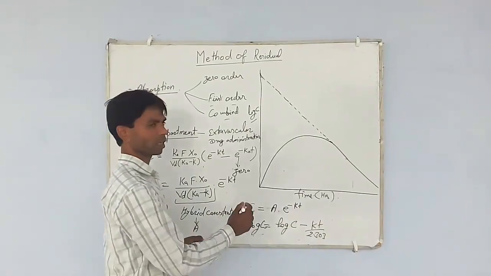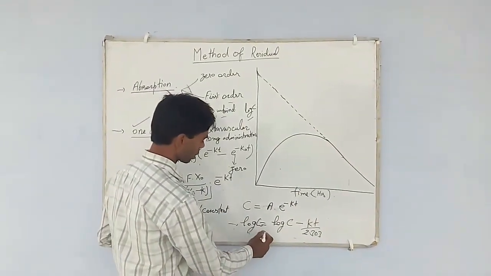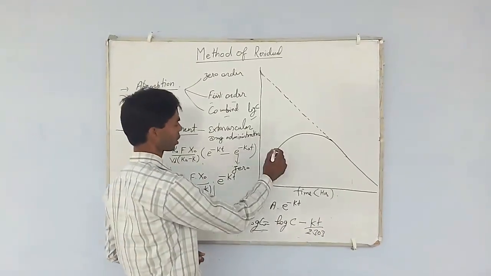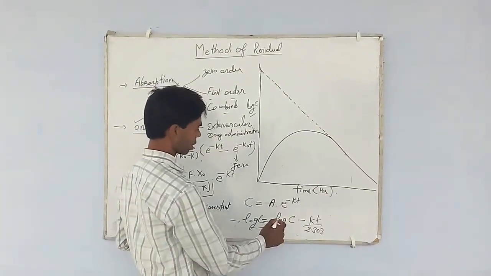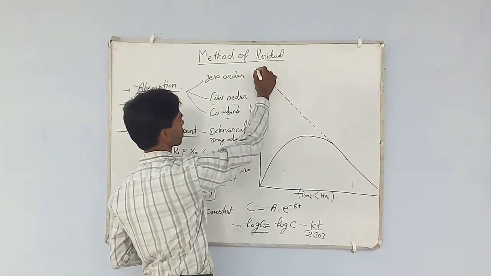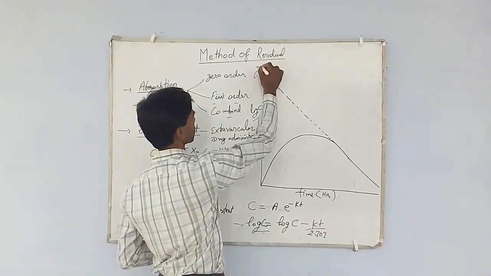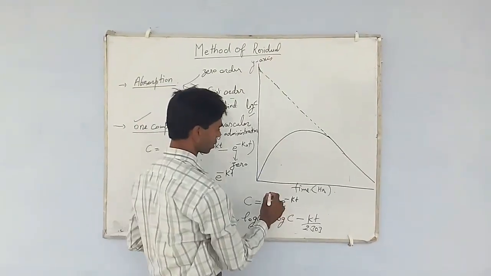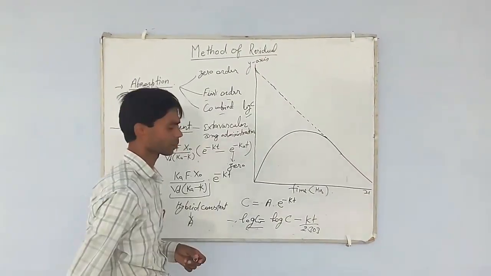From this equation, the log concentration is plotted on semi-log graph paper against time, with log concentration on the y-axis and time on the x-axis.